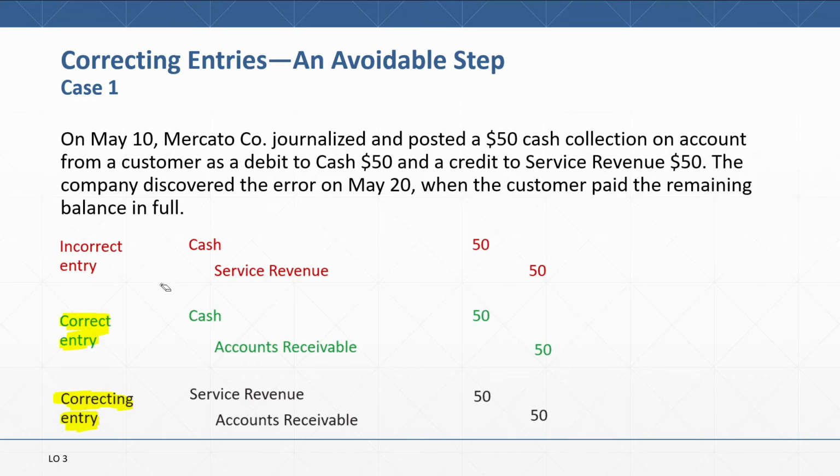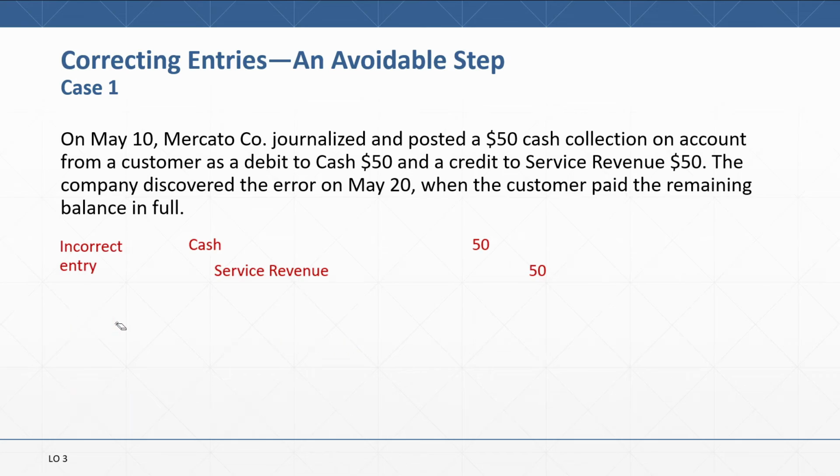Okay, but what is the second approach to fix an incorrect entry? Let's take the same example here. This is our incorrect entry, the mistake. The second approach uses something called reverse entry, and it simply is nothing but taking your mistake here and reversing the debit and credit side.